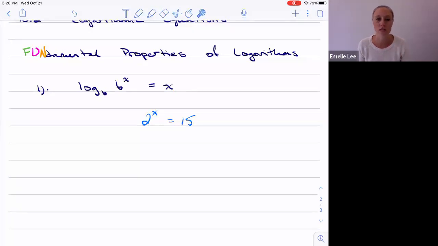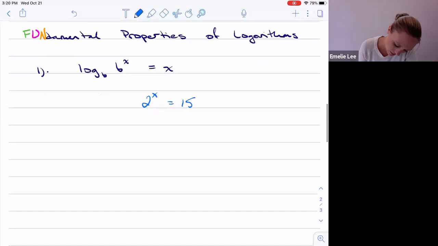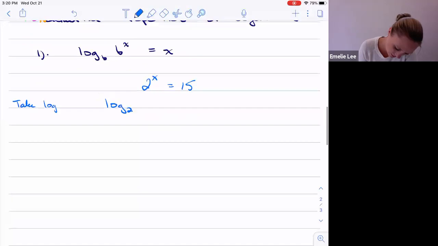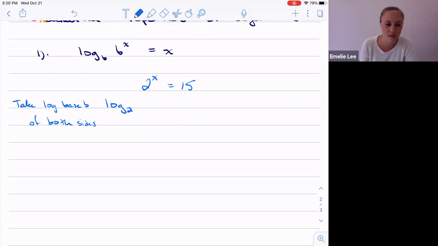So everything else drops down. So then I can take the log base 2, I'll say take log base b of both sides. Right, as long as you do it to both sides, you're safe.